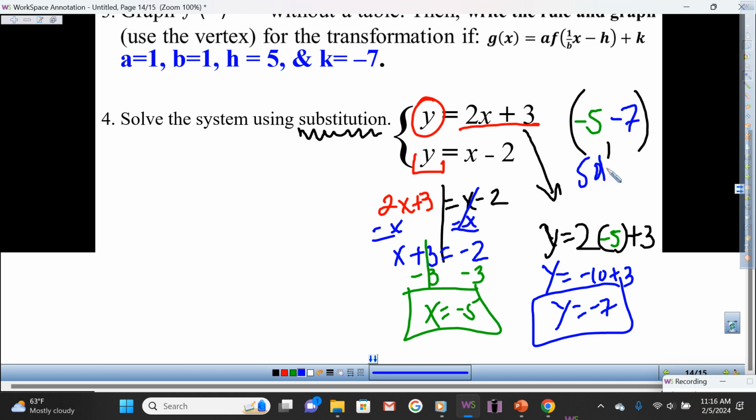This is my solution. Remind your neighbor what this means, please. What does that mean? Jay, pass them one.